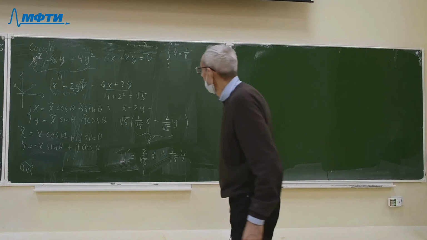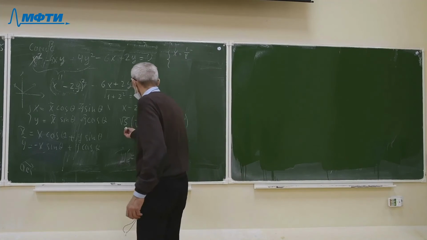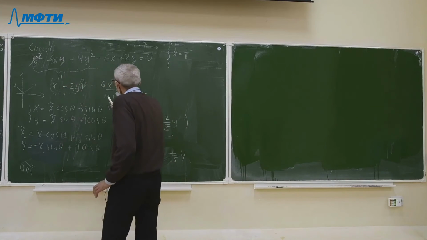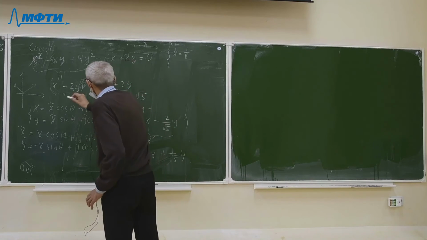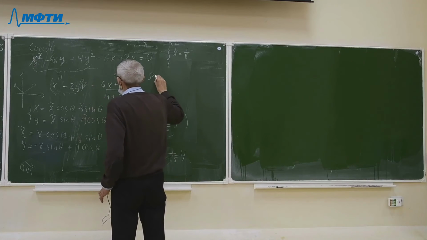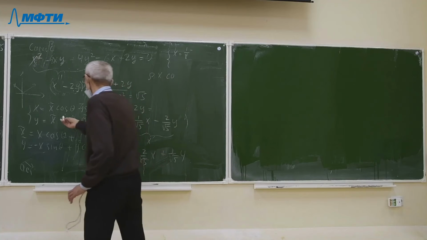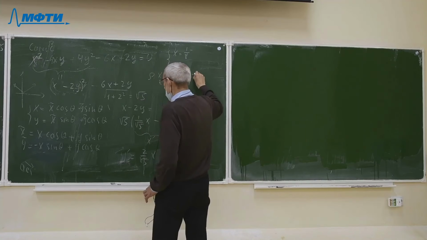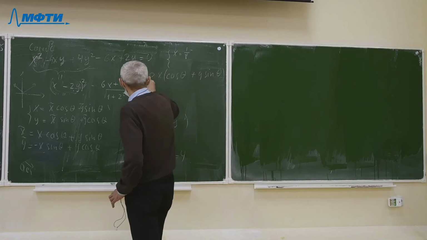Why did you use the rotation formula x equals x cosine theta? Yeah. This formula: I try to rewrite this expression in the following form, some constant rho times x cosine theta plus y sine theta.